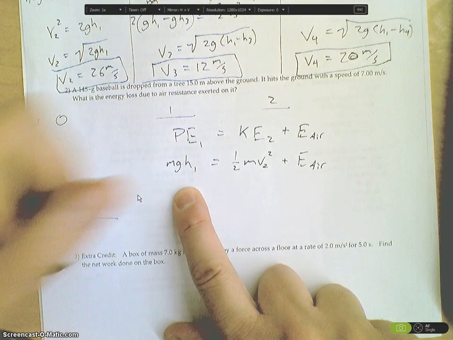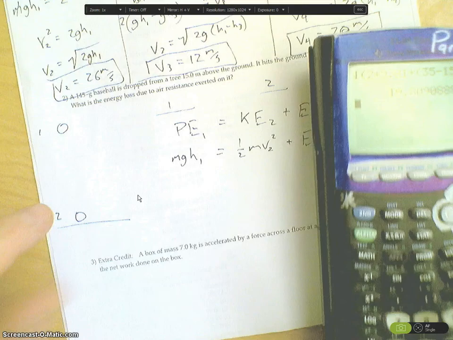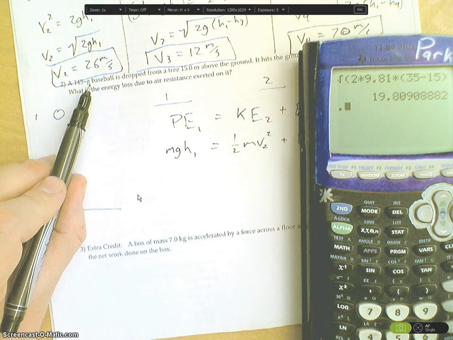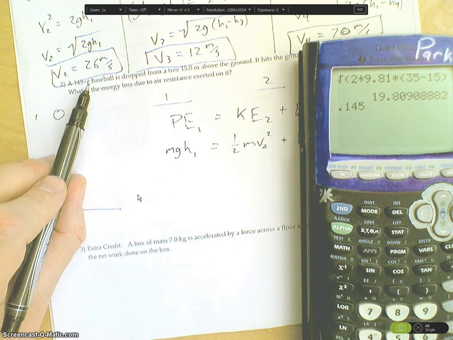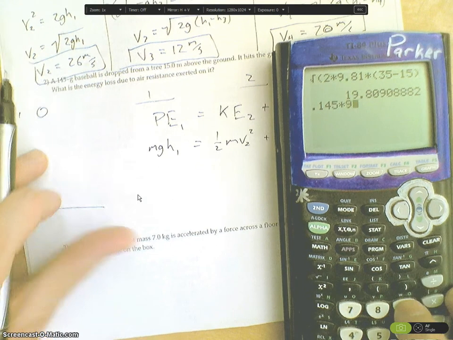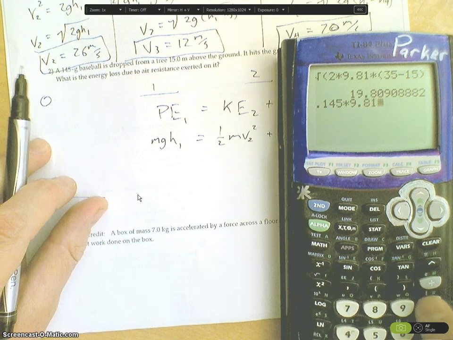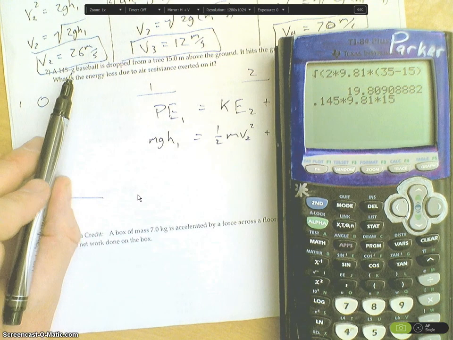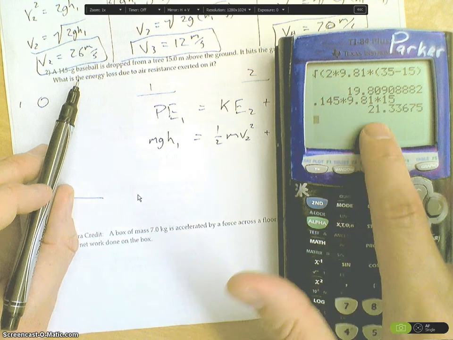mgh at 1 is mass 145 grams, which is 0.145 kilograms, multiplied by 9.81 times the height, which is 15 meters. I have to convert the grams into kilograms so that I get 21 joules.